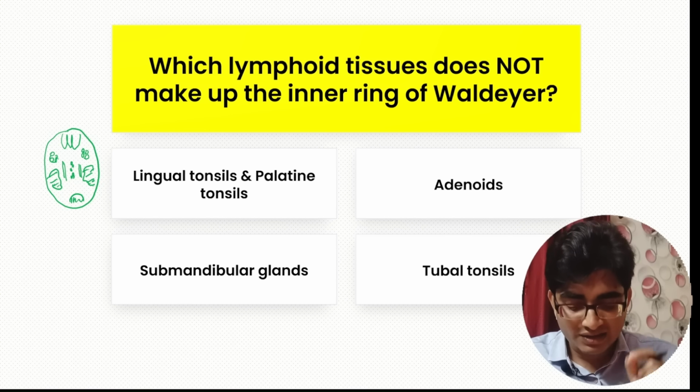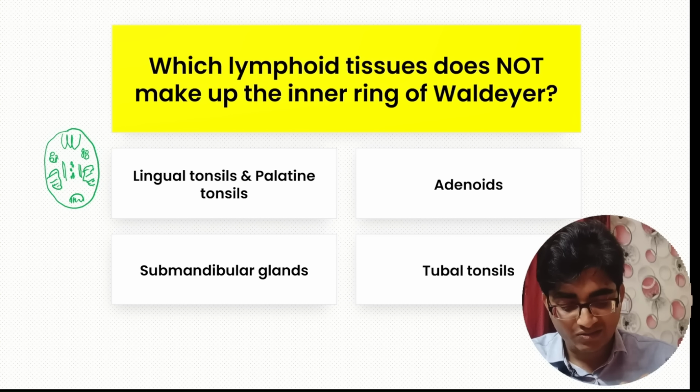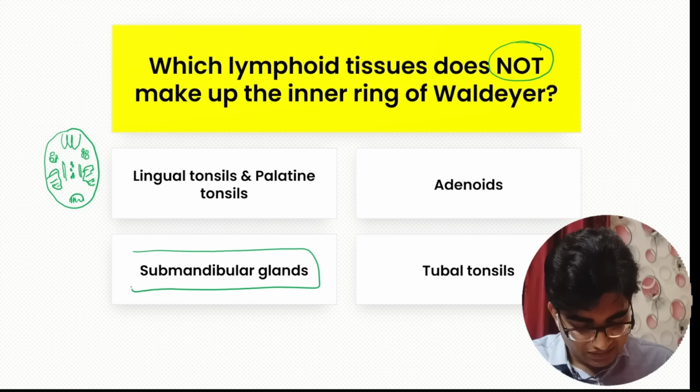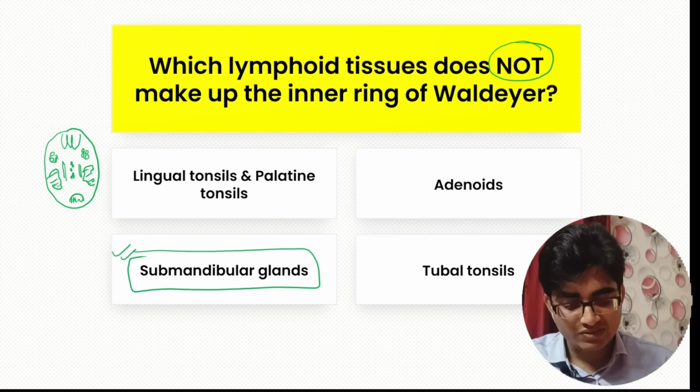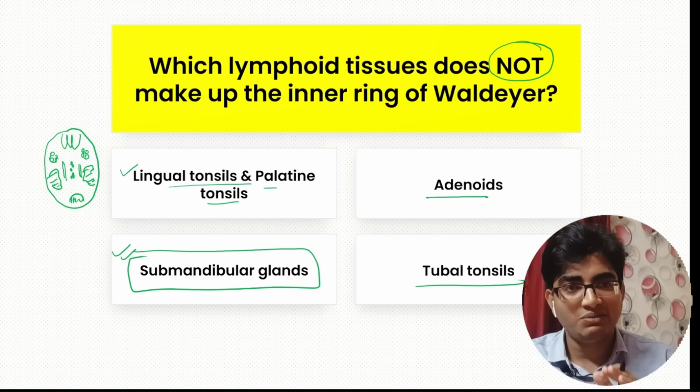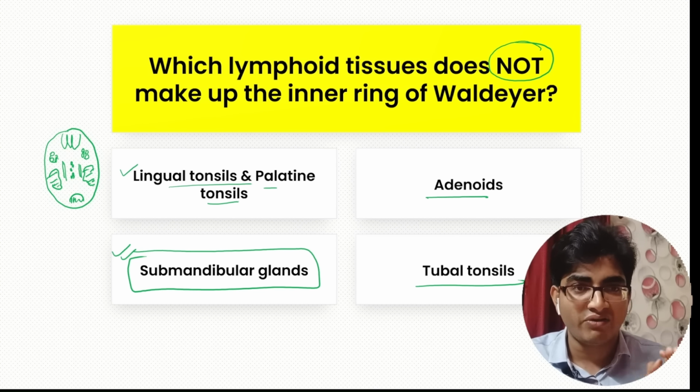So here, if you are being asked what is not a part of this inner Waldeyer ring, the answer should have gone with, obviously, submandibular glands. So lingual tonsils, palatine tonsils, adenoids as well as tubal tonsils, these are all the parts of the inner Waldeyer ring except the submandibular gland in the option.